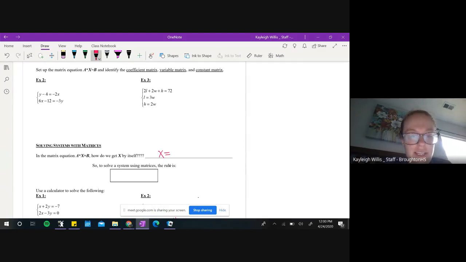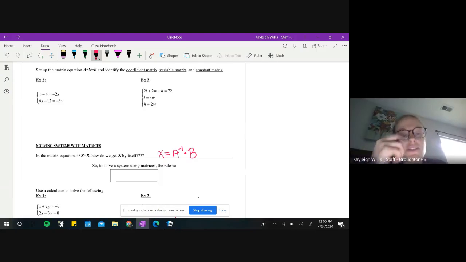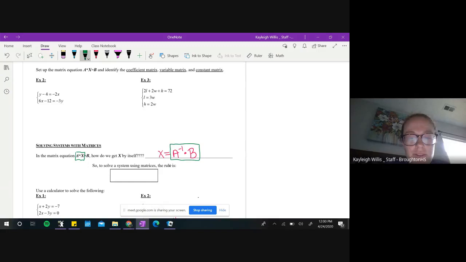X is going to equal A inverse times B. I got a lot of questions that said I wasn't getting the right answer on that Google form. Guys, order does matter. The inverse is going to go in front of B. The way I think about it, my A is in front of X. So when I set up my inverse, it needs to be in front of the B. Okay, so it stays in front of whatever we're trying to solve when we're multiplying.